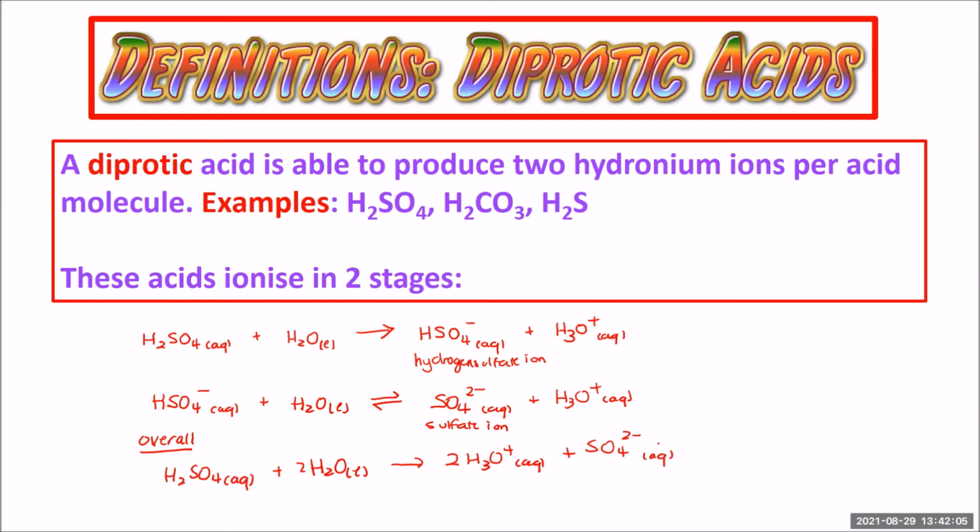You might be wondering where the hydrogen sulfate ion went in all of this overall process, but if we have a look, the hydrogen sulfate ion that's produced here is being used up in the second step. So it doesn't actually end up in the products, although because it's a weak acid, there will be some hydrogen sulfate. But at this stage, we're just going to assume that this is happening to completion.